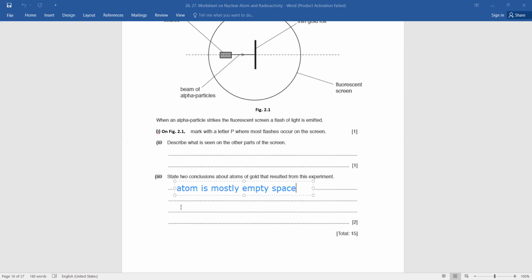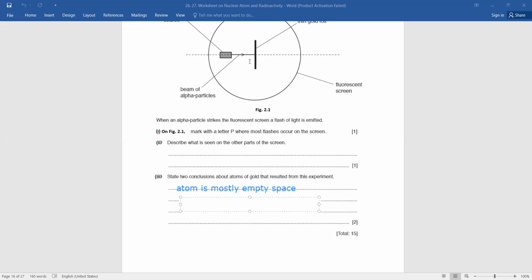So this is the first conclusion we can say. The second one, first understand what it is showing you. Here we are getting fewer flashes, right? You get fewer flashes because some of the alpha particles are deflected as they go closer to the nucleus.